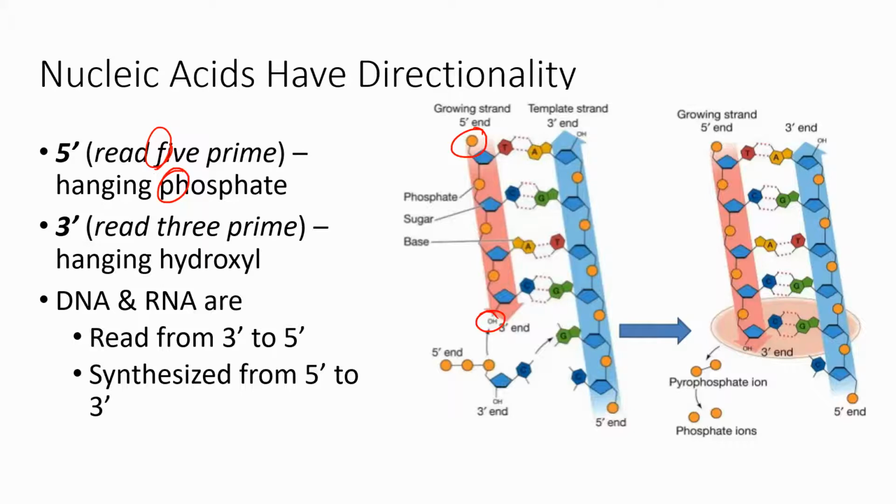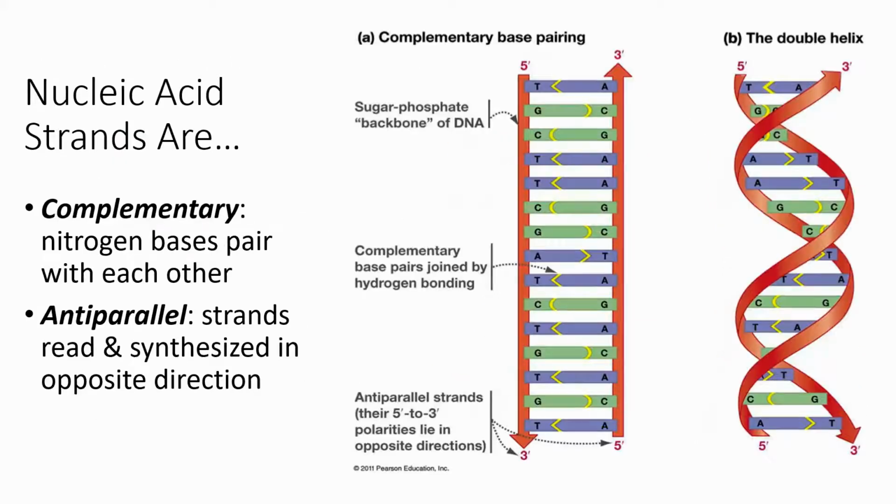However, DNA and RNA are not made in the same direction that they're read. Instead, they're synthesized in the 5' to 3' direction. And this may not seem very important right now, but it will get more important when we start looking at DNA replication later. Nucleic acid strands are complementary to each other, meaning they match up with each other when they base pair.